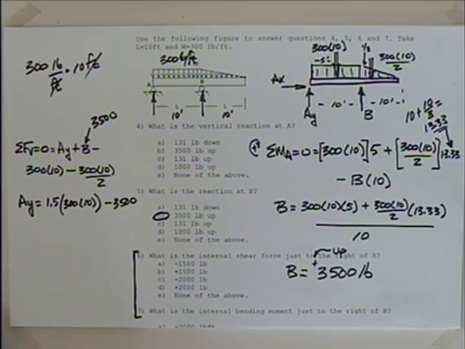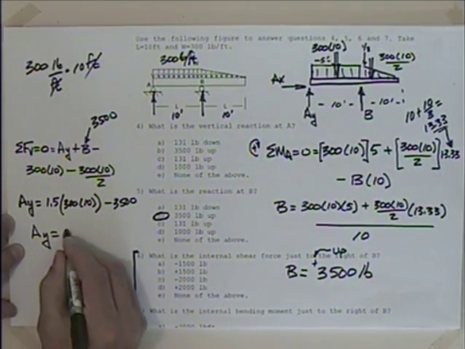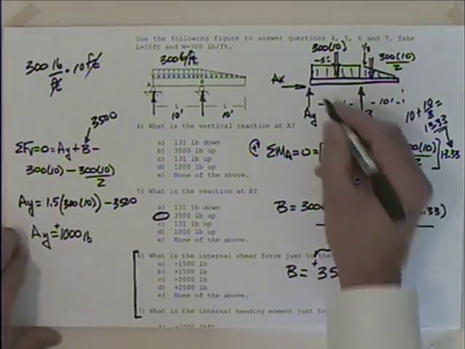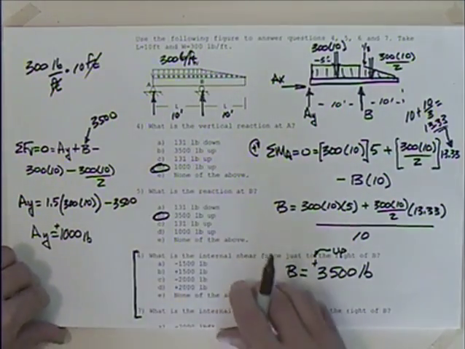We get 1,000. AY turns out to be 1,000 pounds. We got a positive number. AY is pointing up, so we'd expect it to be 1,000 up.